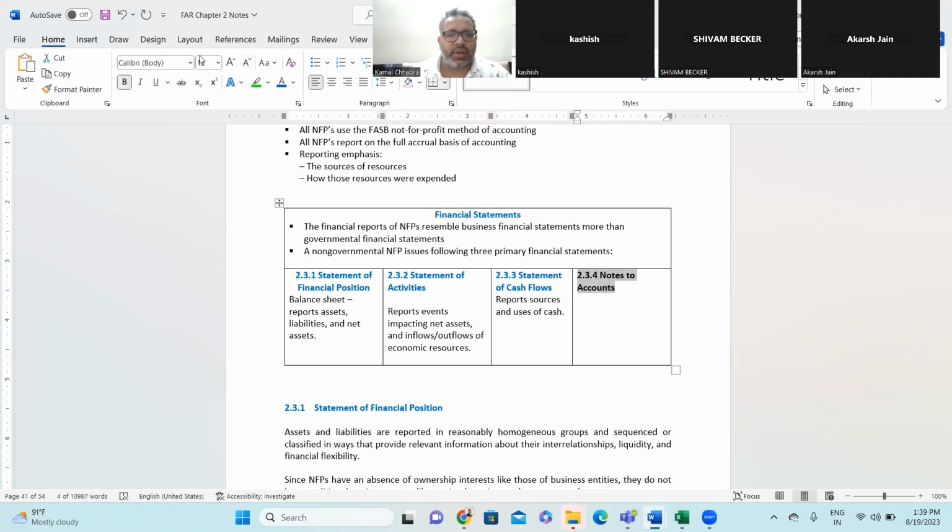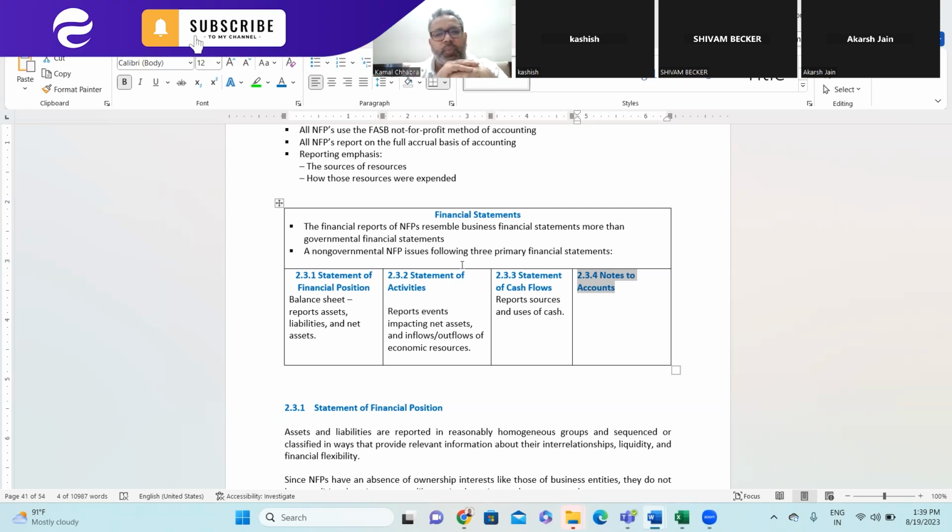Right, so I'll add a small explanation over here later on. But just for your information, in financial statement we have these items: financial position, statement of activity, and cash flow statement. So the financial reports of a not-for-profit organization resemble the business financial statement more than the governmental financial statement.